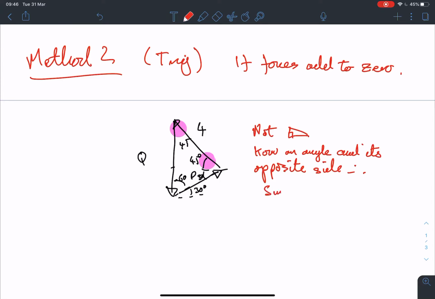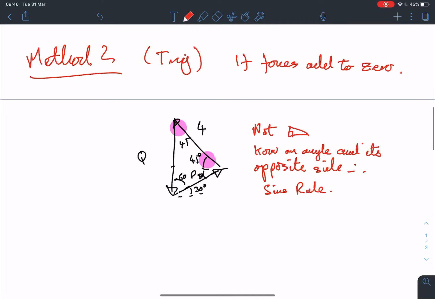The sine rule. And what are we going to be working out? We've been asked to find P and Q. Well, that's the magnitude, so we want the lengths of sides. So the version of the sine rule we use is the one with the length on the top. So a over sine A is equal to b over sine B.